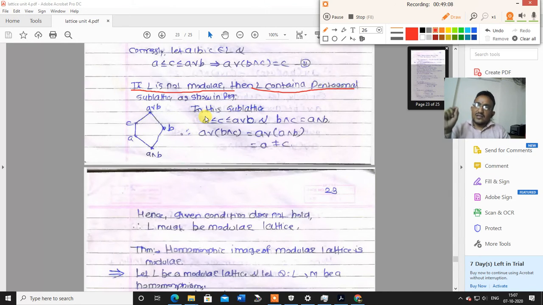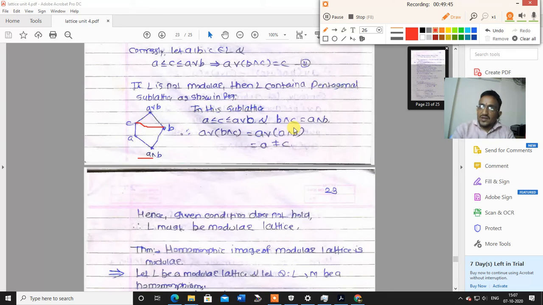By contradiction, if L is not modular, then L contains a pentagonal sublattice, as shown in this figure. In the sublattice, from this pentagon we can see that A is related to C and C is related to A join B. Similarly we can show the B meet C. What is the B meet C here? B meet C is equal to A meet B.